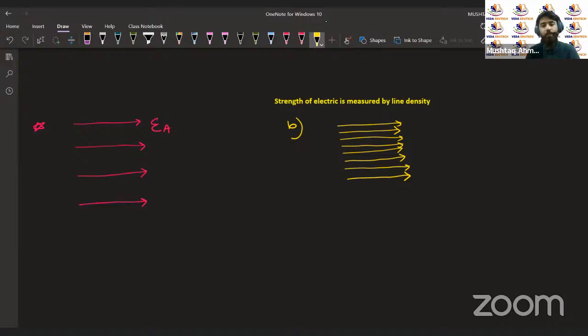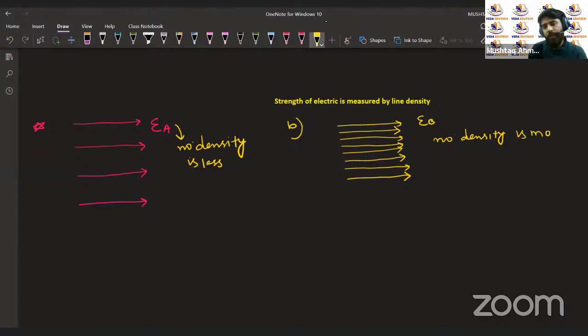So we can see that the number density of electric field lines gives us the measure of electric field strength at a point. Here the number density is less. Number density here means the number of electric field lines in a particular region. Let's suppose the electric field strength here is EA, but the number density here is more.